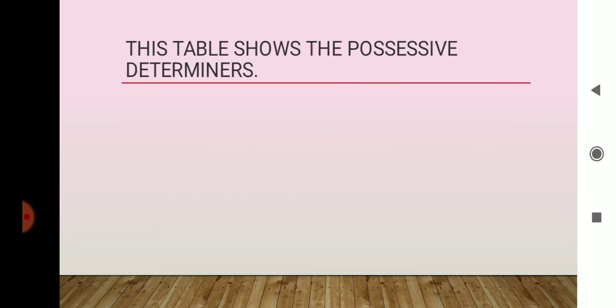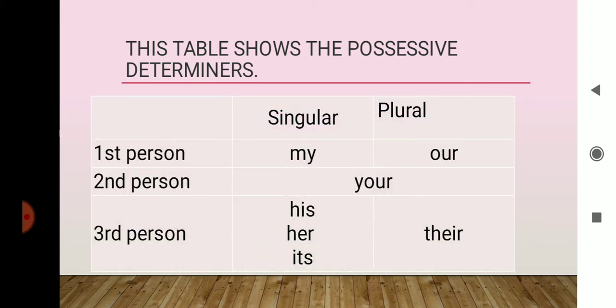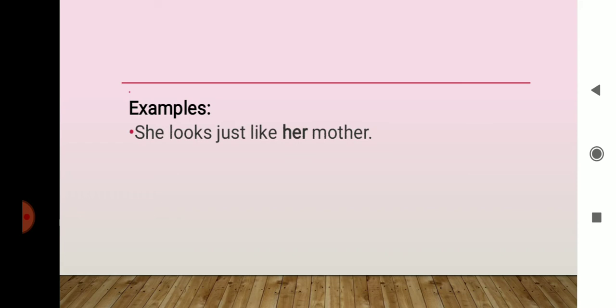This table shows the possessive determiners. You can see very well my, our, your, his, her, its, and their. These words show possession. So they all are possessive determiners. Let's see some examples. She looks just like her mother.